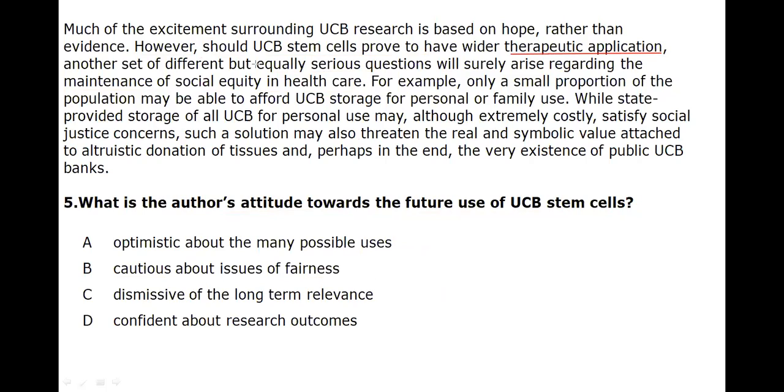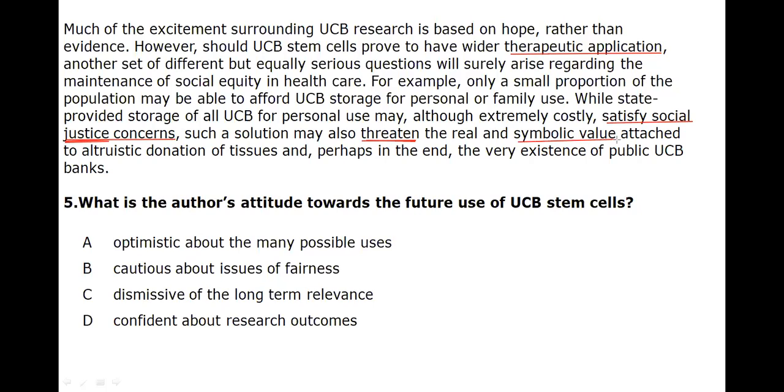Then here when the writer says this phrase, satisfy social justice concerns, justice here refers to giving justice to each group of the society, each race and each ethnic and cultural group. Threaten, pose a danger, that is threaten.